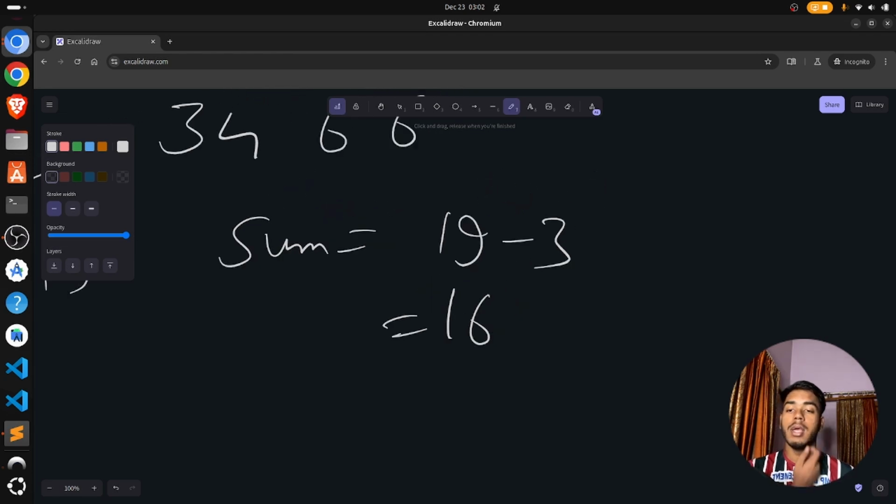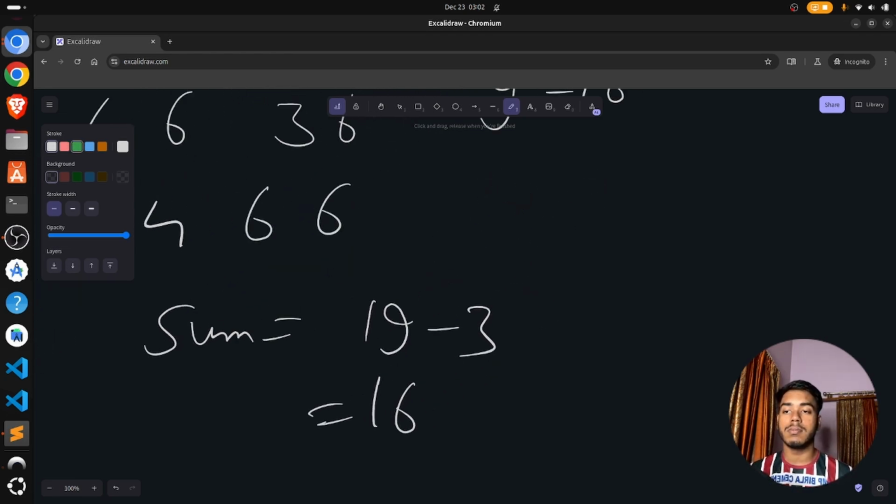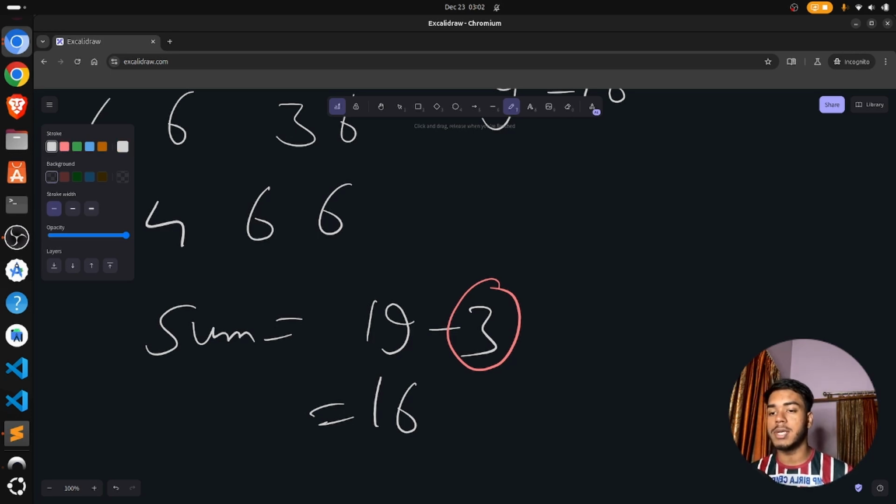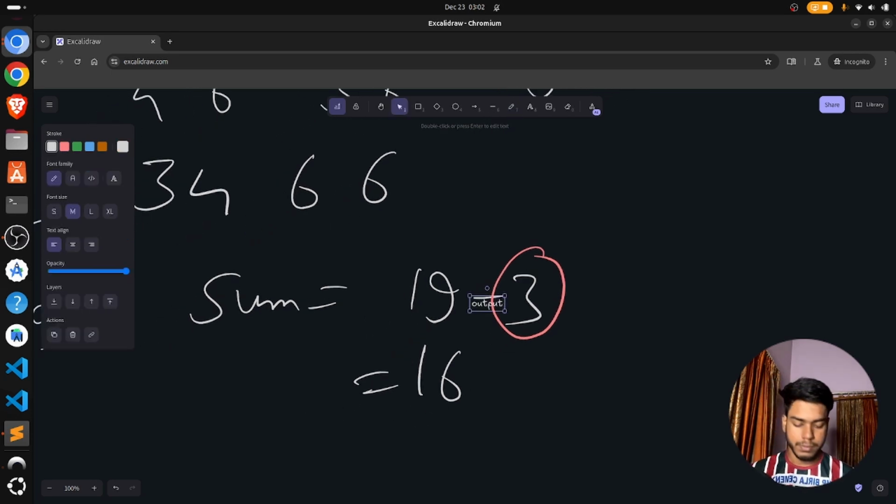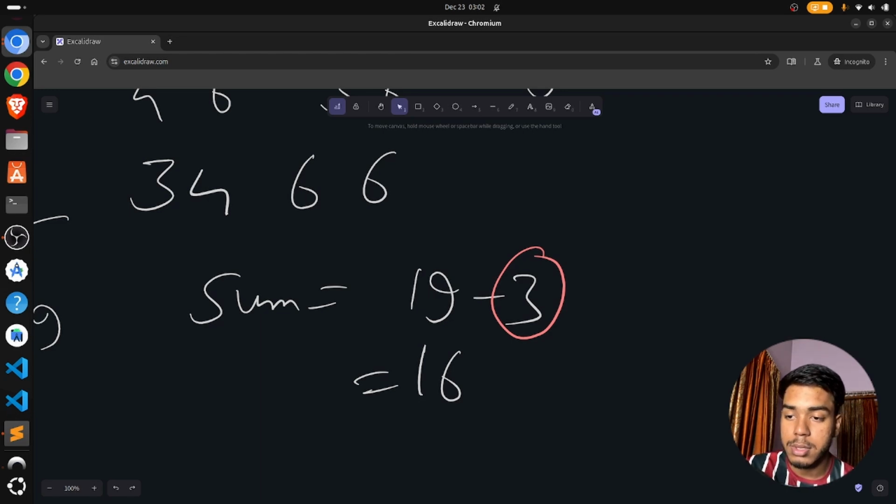Great. So you have to remove a pair of elements, and one of the elements of the pair is 3. So this is one element, and you will search for another element.